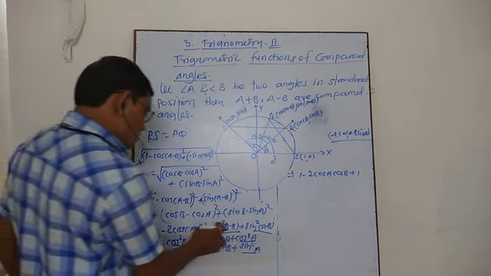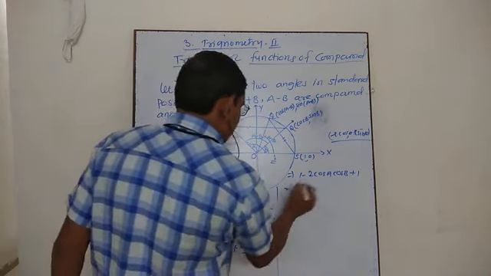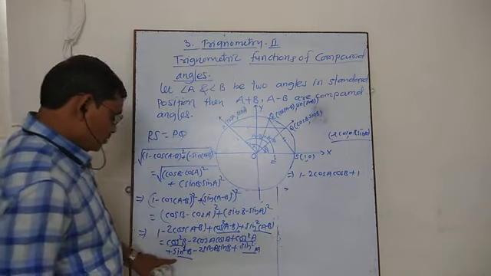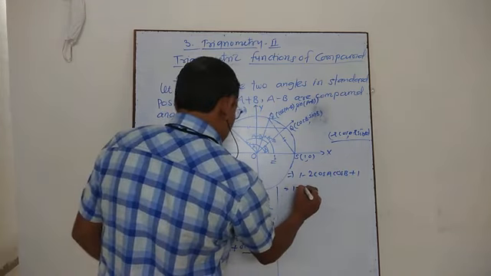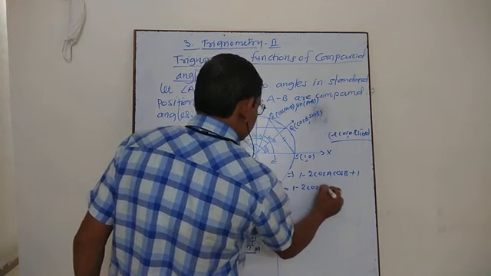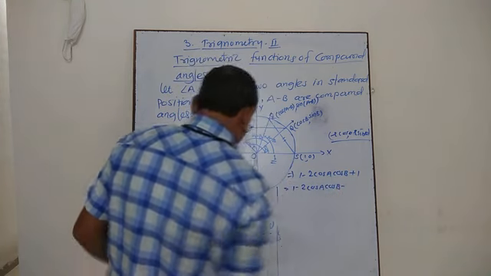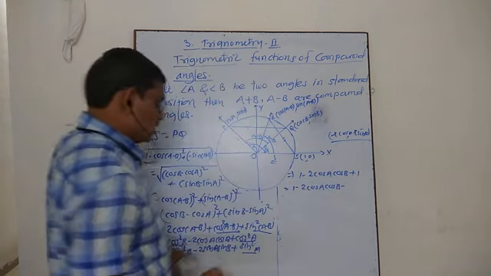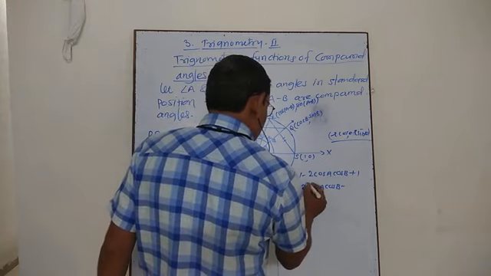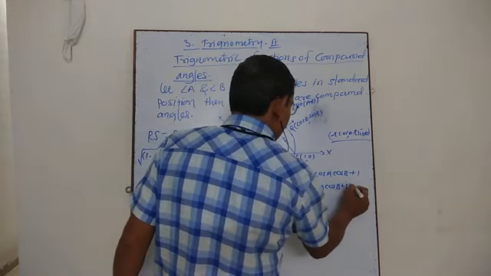This cos square a minus b plus sin square a minus b is equal to, now cos square b plus sin square b is 1, minus 2 cos a cos b minus 2 sin a sin b. So we take minus 2 common, here we write plus sin a sin b.